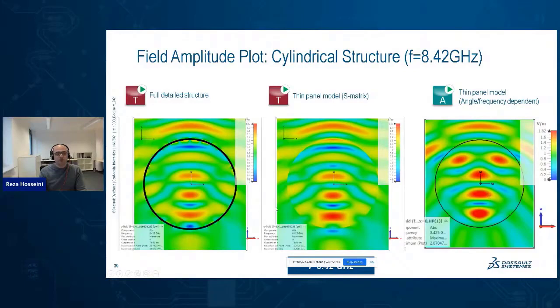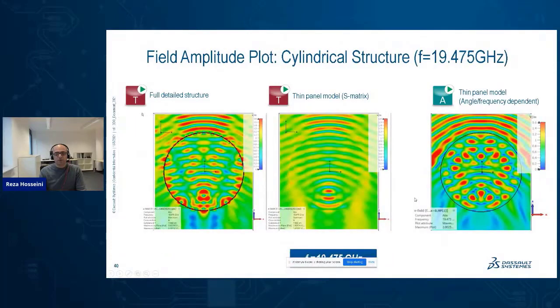Here we see that the field amplitude is more or less the same, but it would be quite different if you look at 19.4 gigahertz, where the transparency of the FSS is happening.